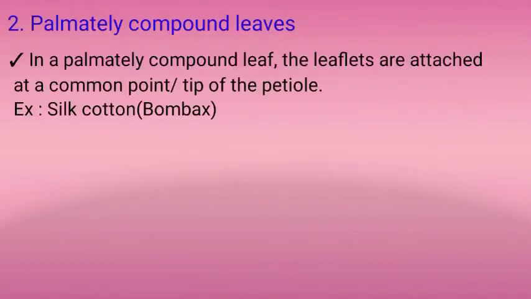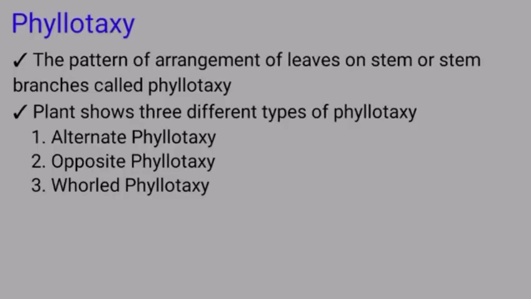Palmately compound leaf. In a palmately compound leaf, the leaflets are attached at a common point or tip of the petiole. Example: silk cotton or Bombax. Let's see the diagrammatic representation of a palmately compound leaf in silk cotton. See, all the leaflets are formed from the tip of the petiole.